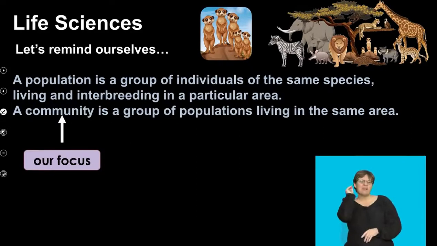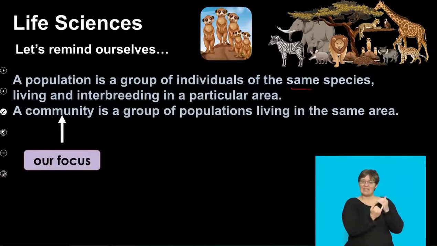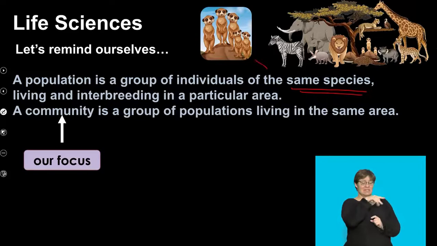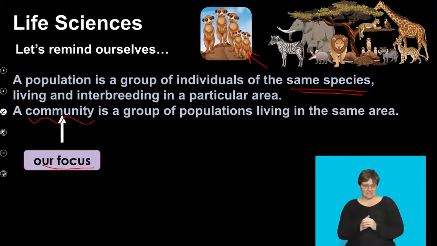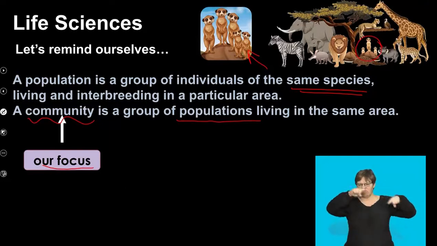Let's remind ourselves of what we already know. A population is a group of individuals of the same species. So there's our population of little meerkats that we've been talking about. We're focusing also in this particular lesson on communities. Remember that communities were a whole lot of different populations.